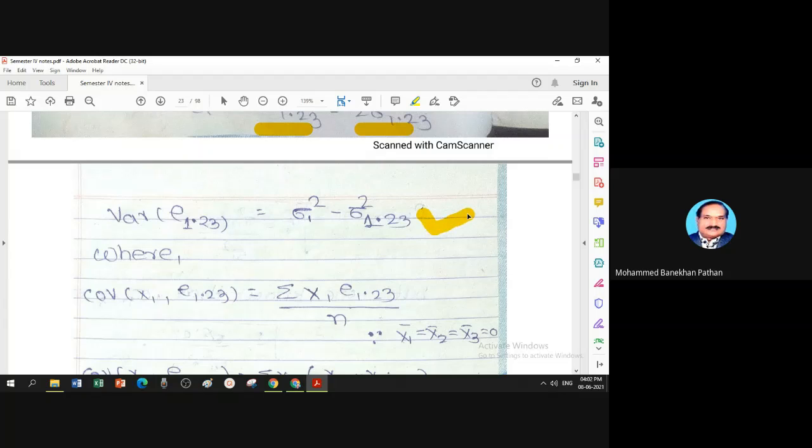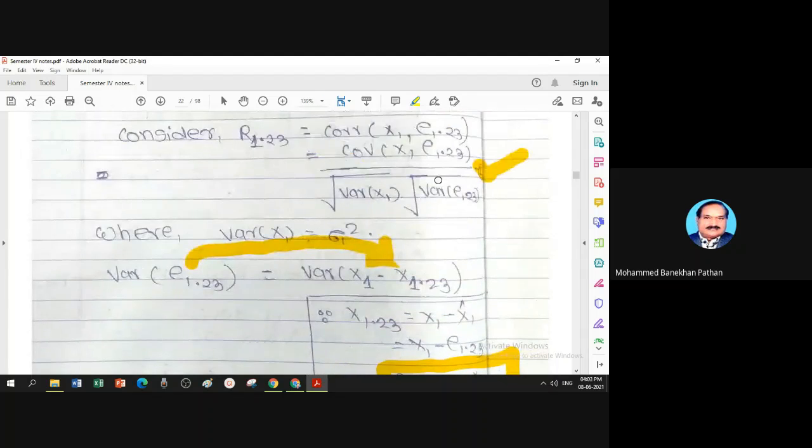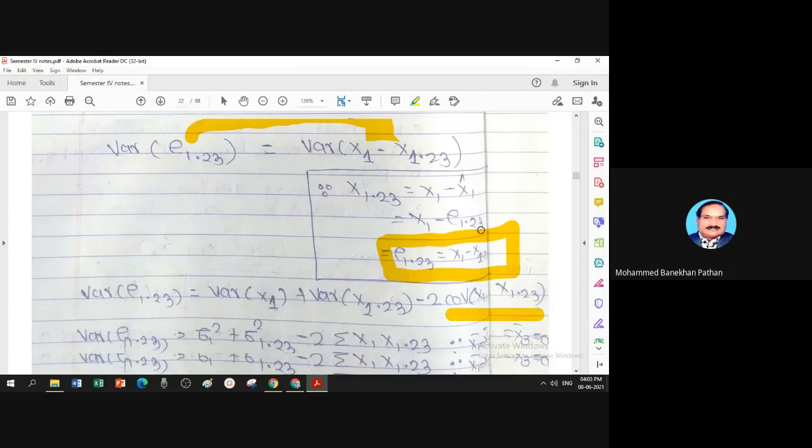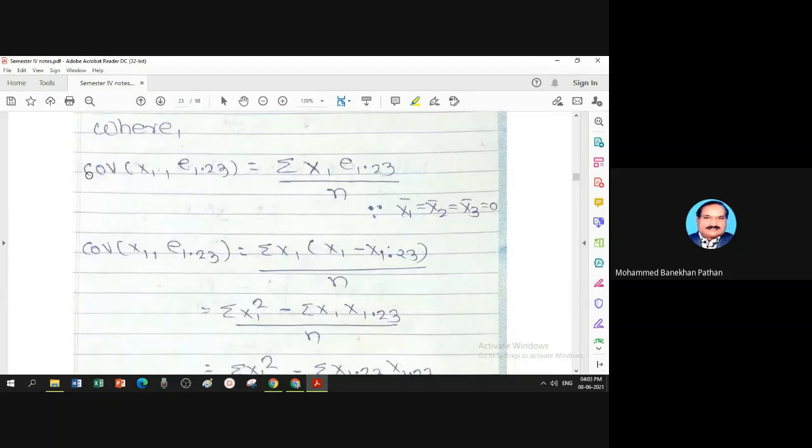I got one of the quantities which I required in the definition. Now we proceed to develop the covariance of x1 comma E1.23. Let us see how we proceed. Covariance of x1 comma E1.23 is the sum of the product of the variable under study minus the product of means, but under the assumption x1 bar is 0, so the product becomes 0.